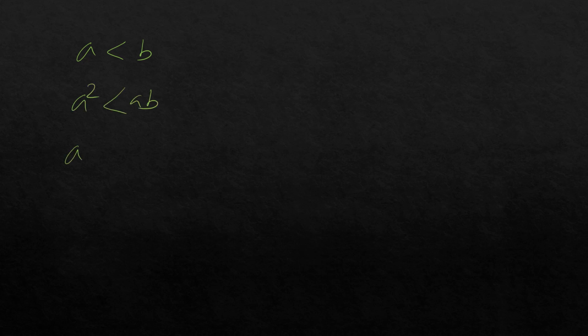If A is bigger than B, then A square will be bigger than B square. In that way, everything that we studied in the case of rational numbers is applicable in the case of surds also. Okay, let me go ahead.